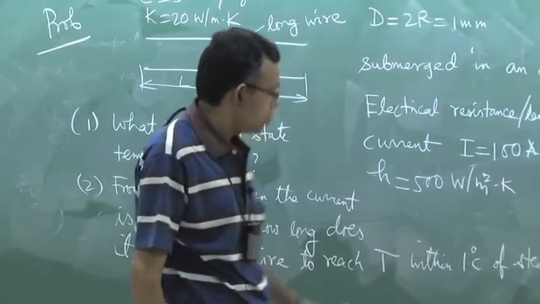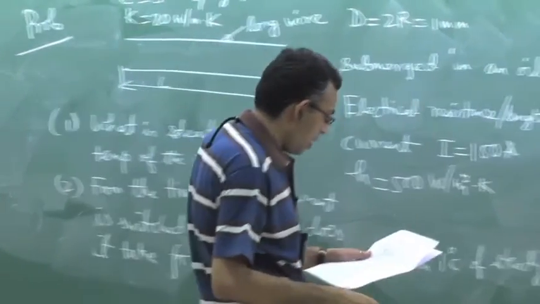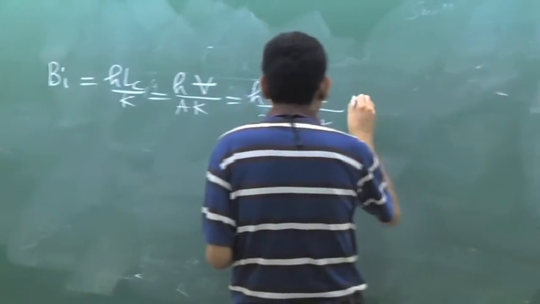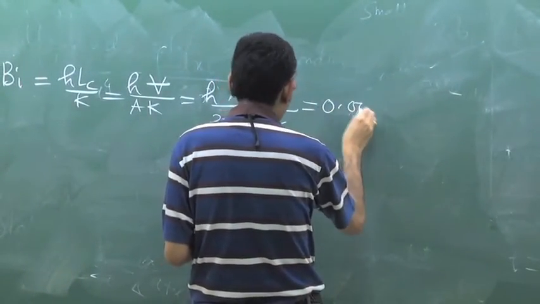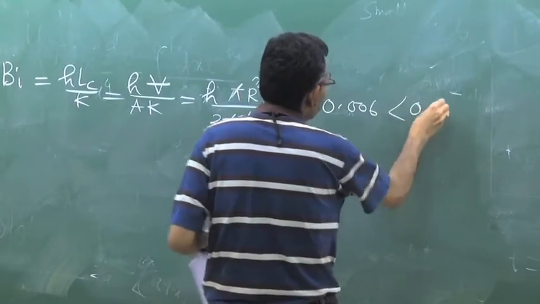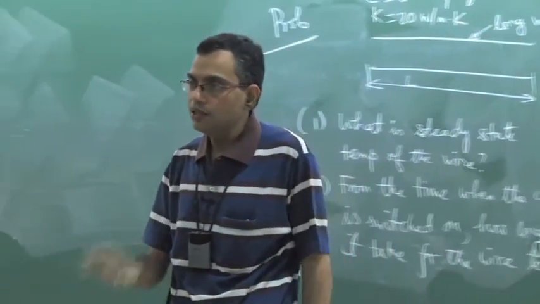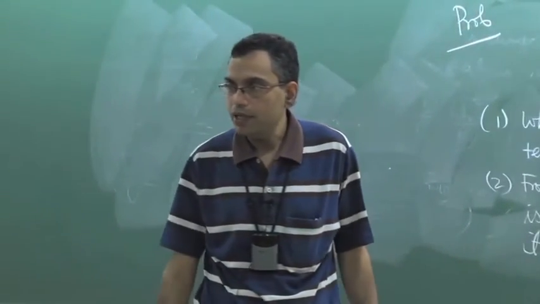If you substitute these properties, this will be 0.006, which is less than 0.1. So, it is a sufficient condition for the lumped parameter analysis to be valid.